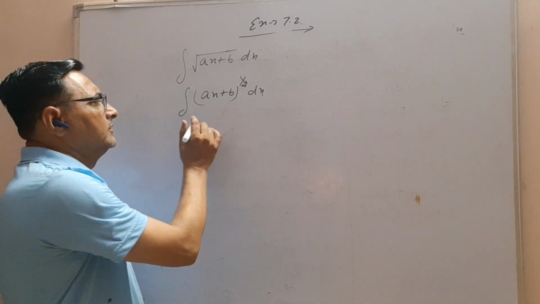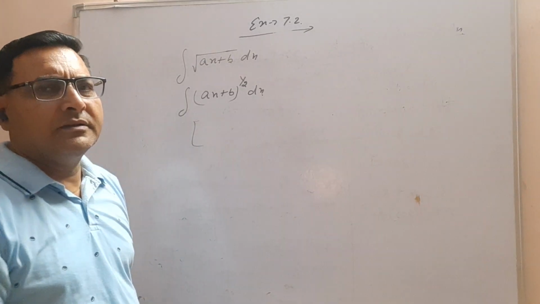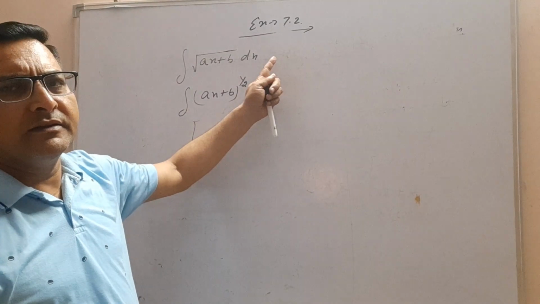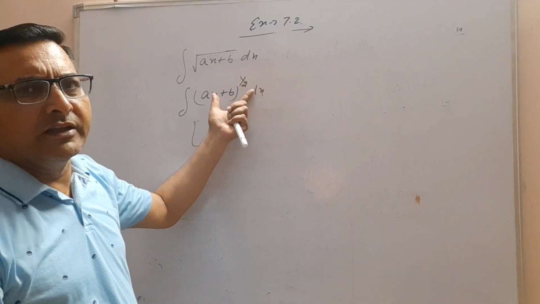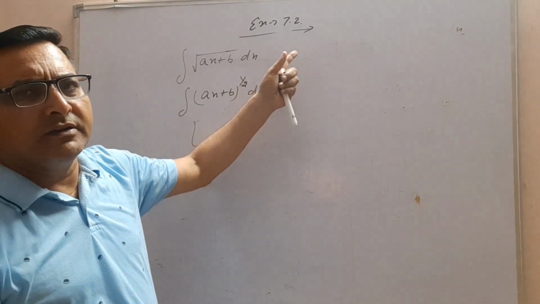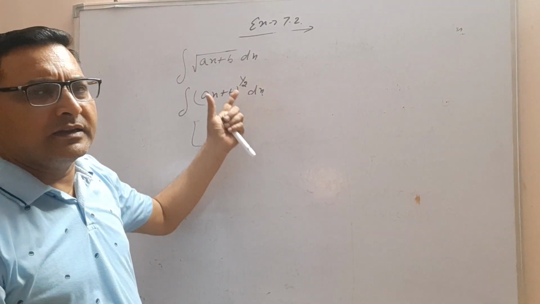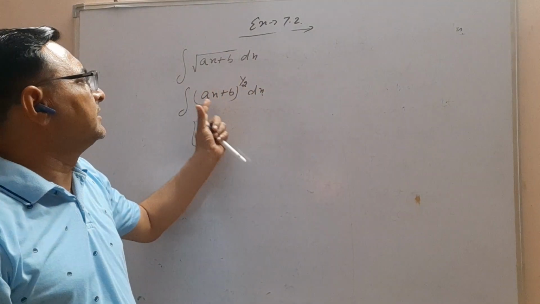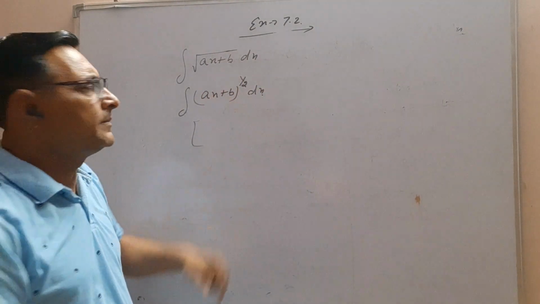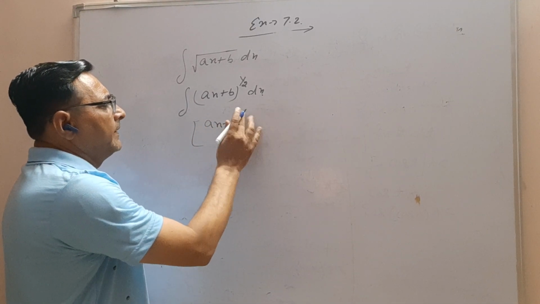Now, the method: if there is a constant in the power of the variable, we always add 1 to its power and the same number in the denominator, and then take the derivative of this function. So here we will write ax plus b.